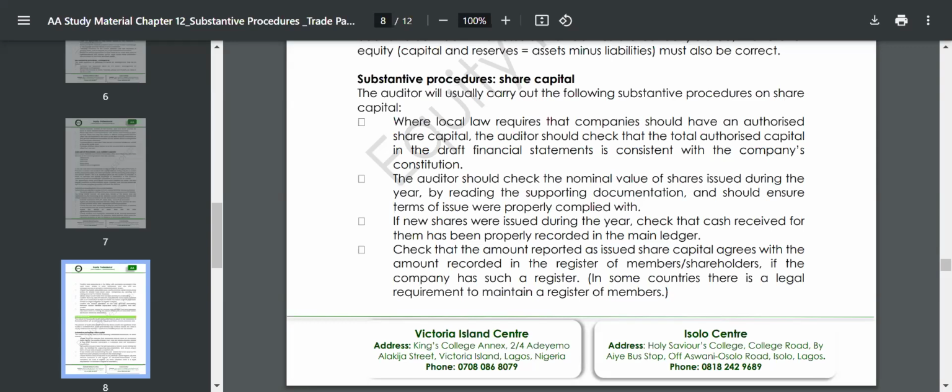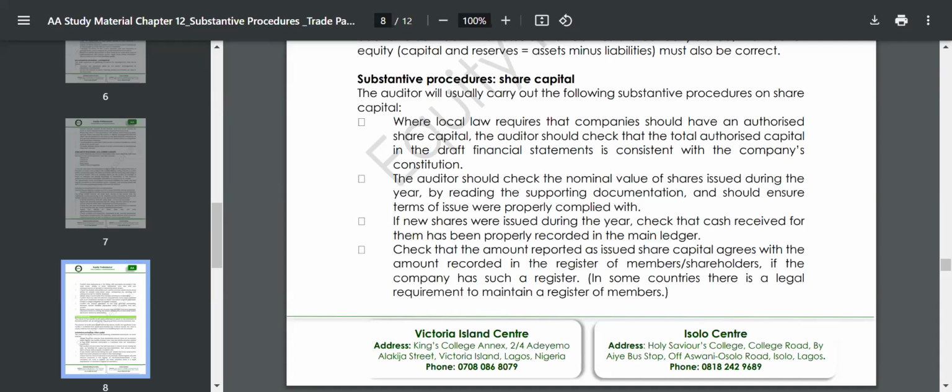Every listed company submits their authorized share capital to this regulatory body. So the first thing is you need to know what law guides the authorized share capital. As an auditor, you must be aware of this law and check that the company is complying with that law on authorized share capital.